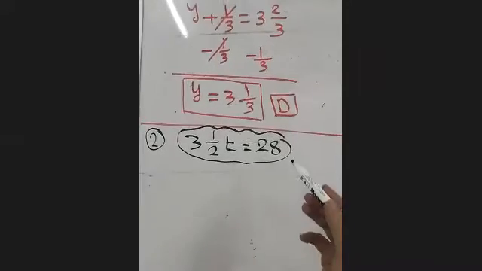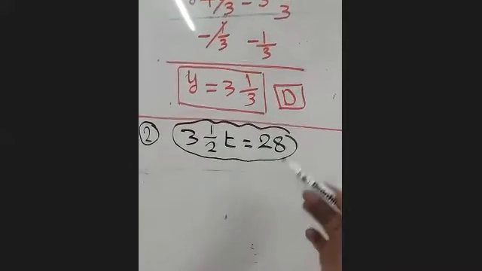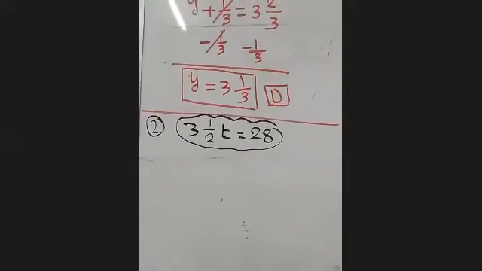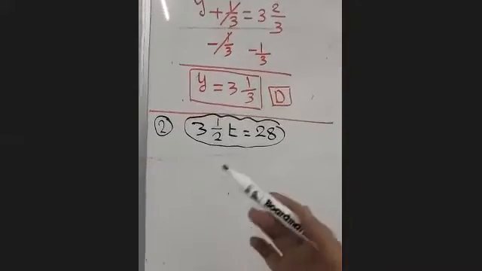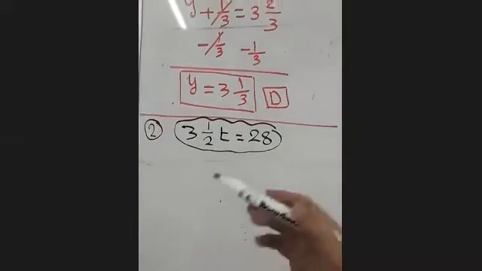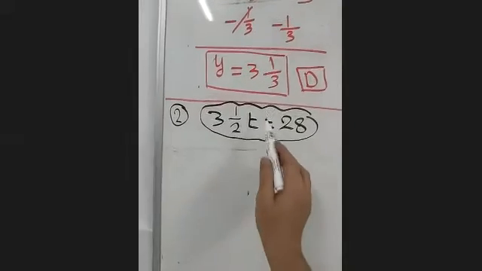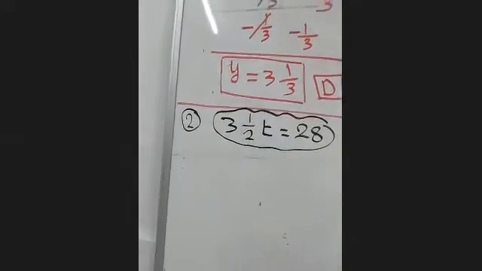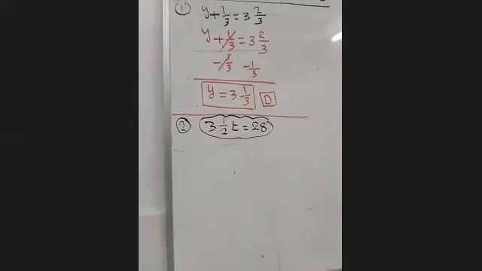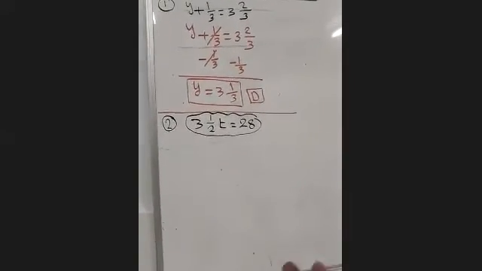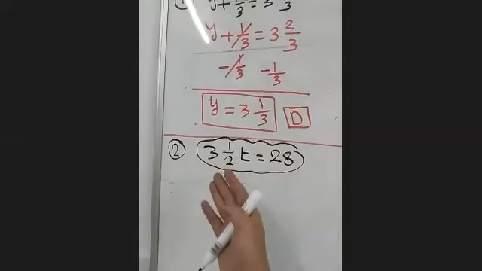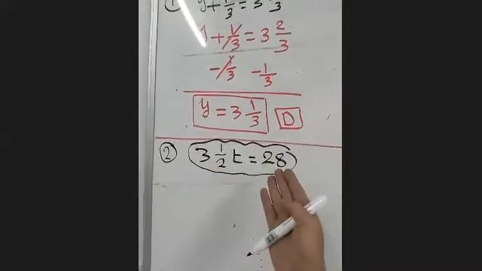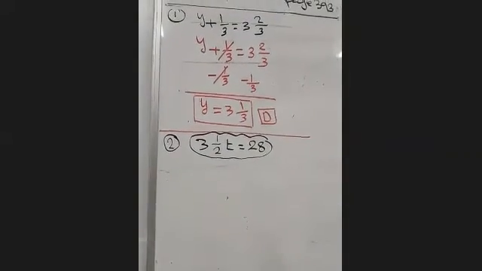The equation is given in the question. The question wants us to use the guess, check, and revise strategy to know the value of t. Here we can guess, check, and give numbers for t, multiplying with this number until we get 28.